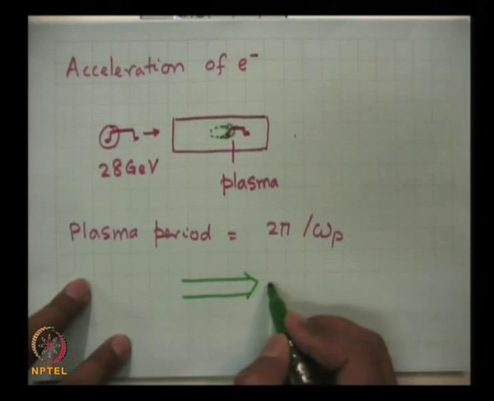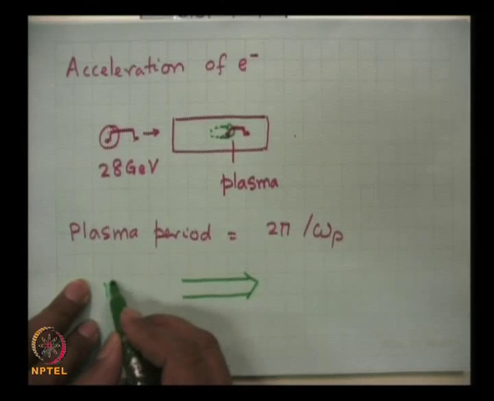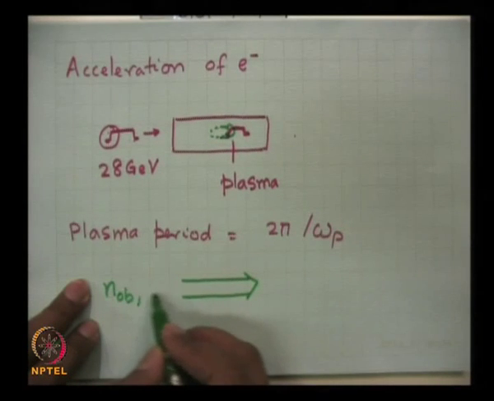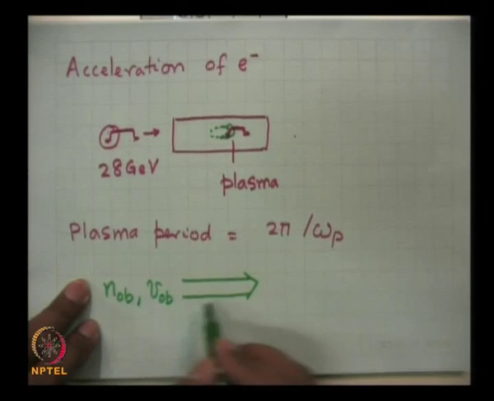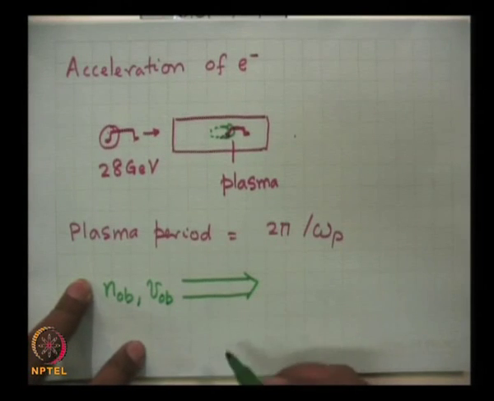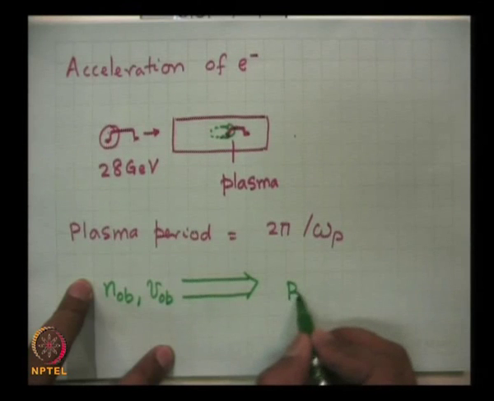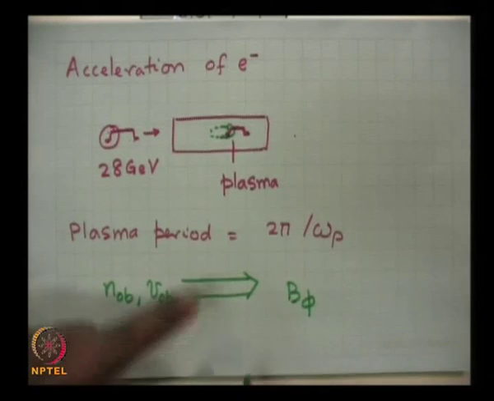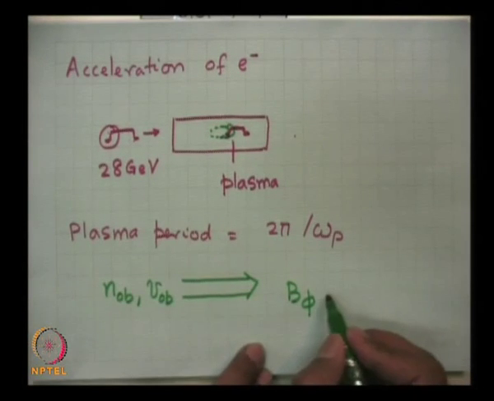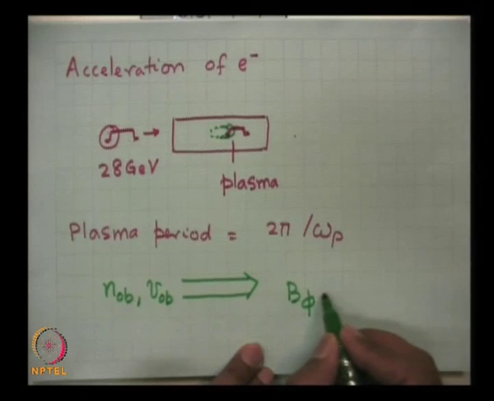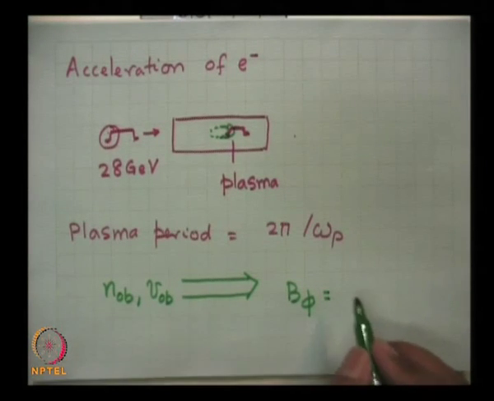So, if I consider a beam of density n0b and velocity v0b going in this direction, this will produce a magnetic field. You can easily calculate the value of the magnetic field, and that will be in the phi, azimuthal direction. Its value will be typically equal to, let me just write the expression.